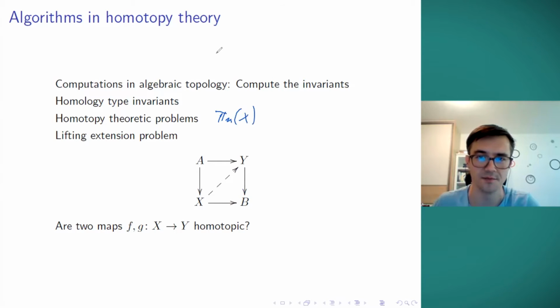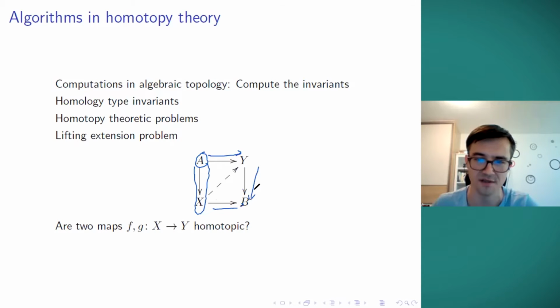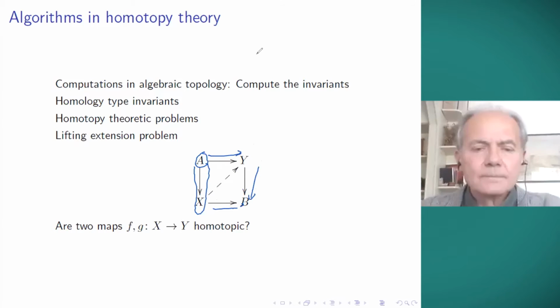Now here I've given it in the most complex conditions, where we do it relatively: we fix the map on some subcomplex A of X, and we also do it over some fixed map to B, and this is called the lifting extension problem. And finally, you can ask, okay, are two maps homotopic?